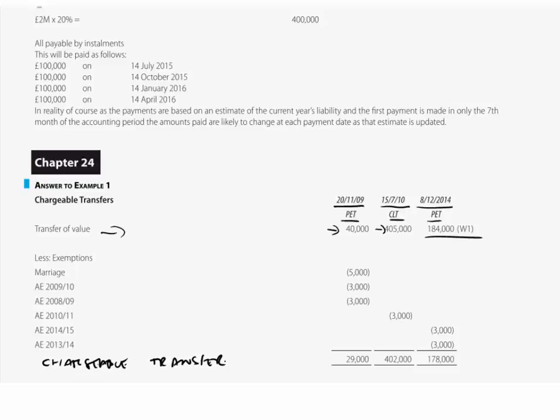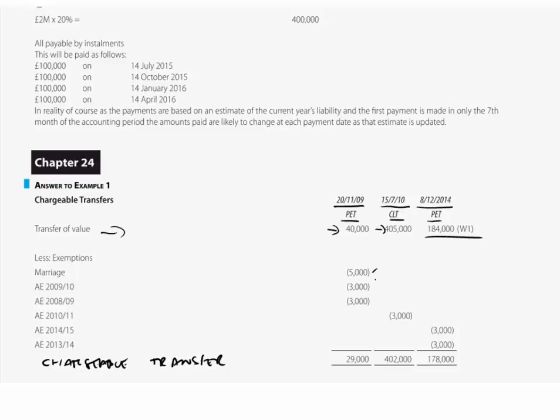We've already recorded on the question page what exemptions are available. For the November 09 PET, we had £5,000 of marriage exemption there. We then had our annual exemptions for 09-10 and 08-09, current year followed by unused amount for previous year, £3,000 apiece.